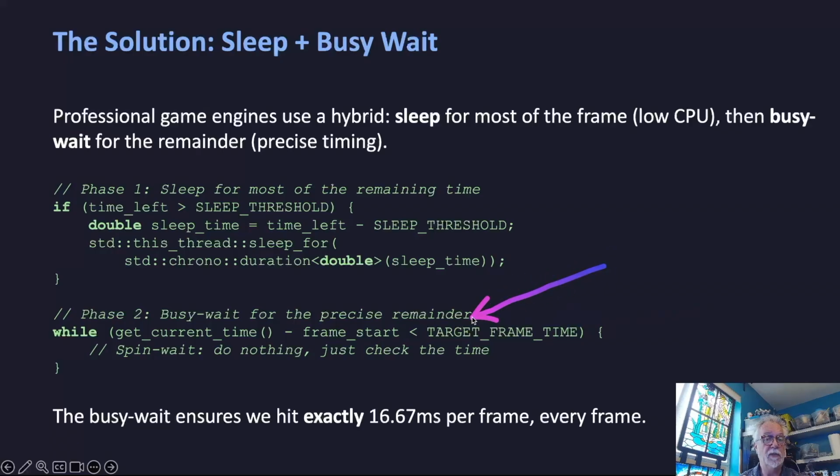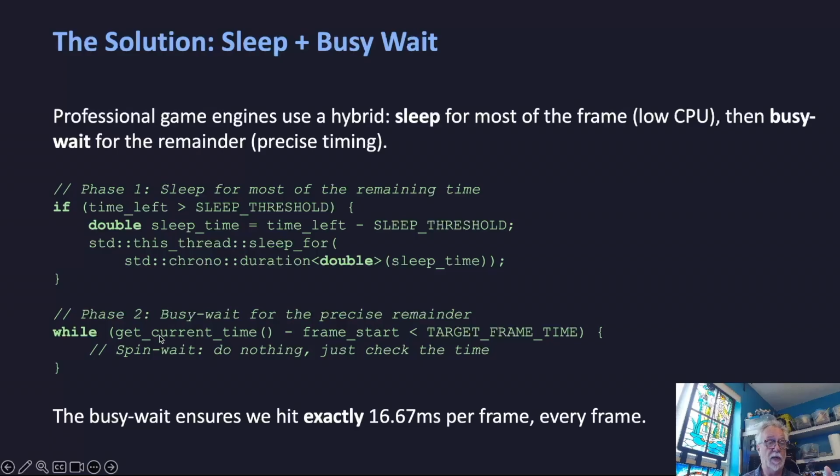And so what is busy wait? We basically say, while I haven't got to the end time frame. So remember my target time frame here is calculated as the beginning of the frame plus 16.7 milliseconds.